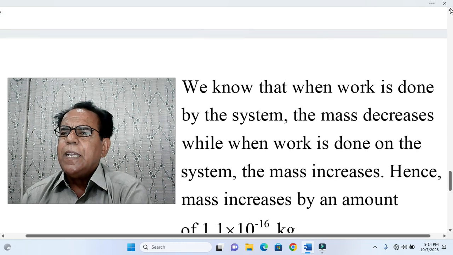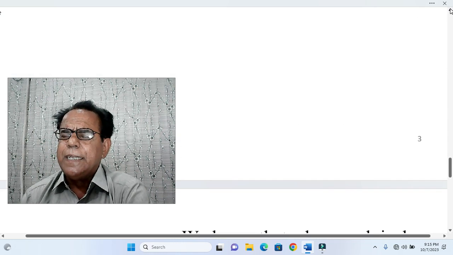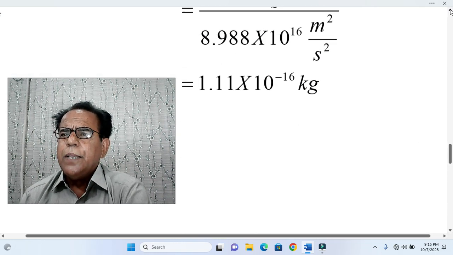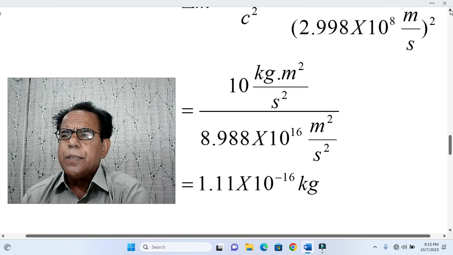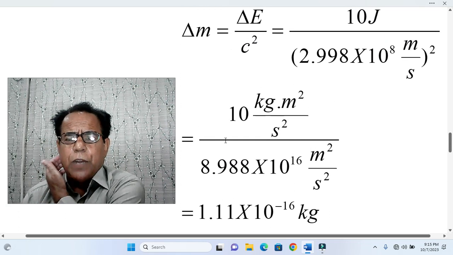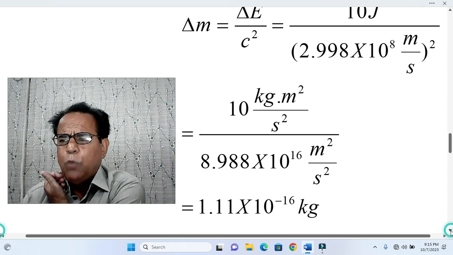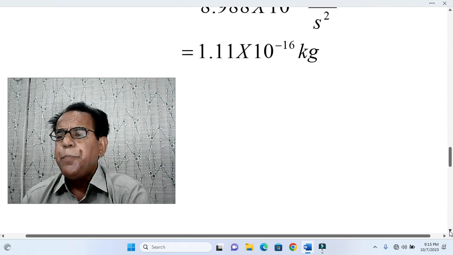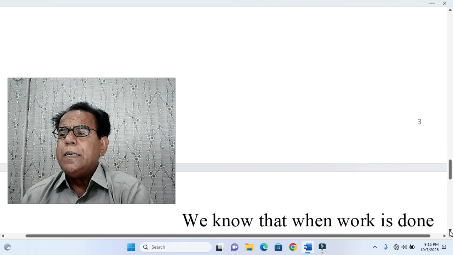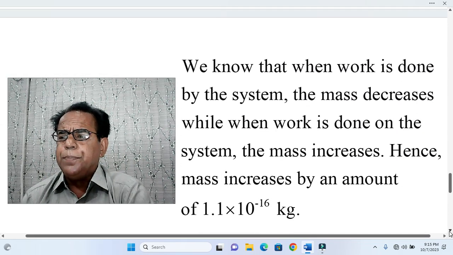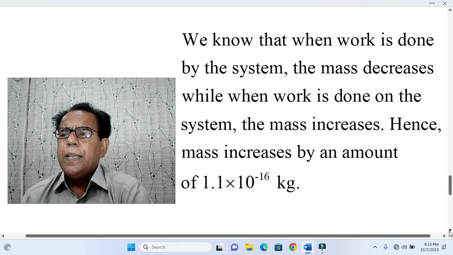A little explanation is still remaining. We have found delta m, which is equal to 1.11 into 10 raised to the power minus 16 kg. Now we come to the remaining part of the problem, whether mass increases or decreases.